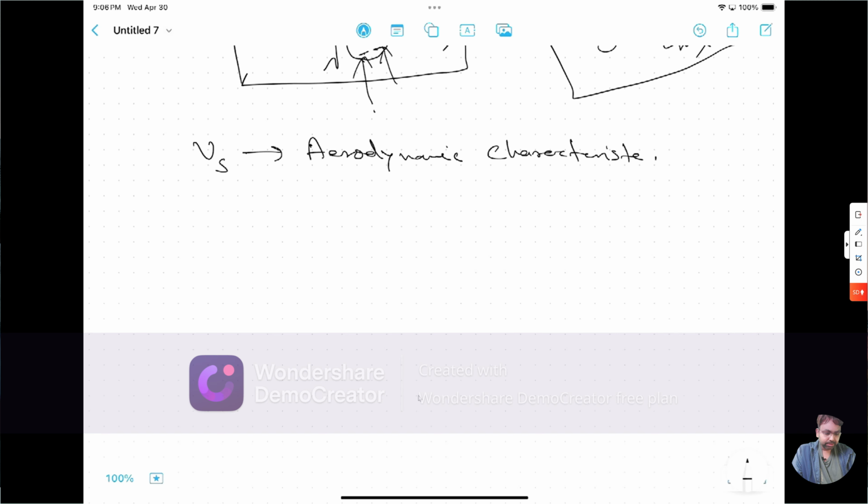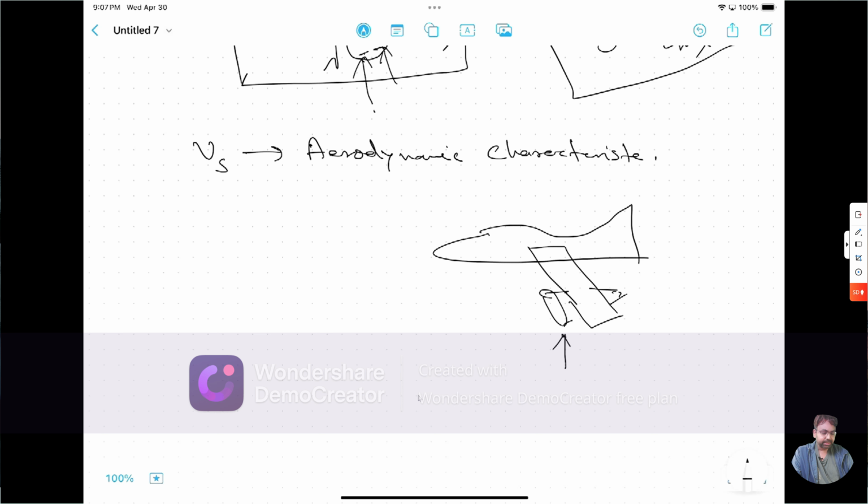Suppose this is your aircraft guys, and here you are using an engine. So you know very well, engine rating is given on the engine itself whenever it is made. Like the aircraft can produce the minimum velocity, suppose 40 meter per second.